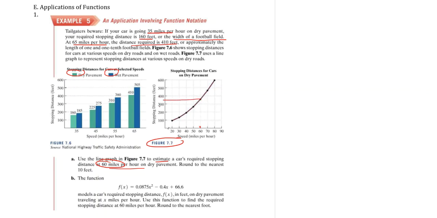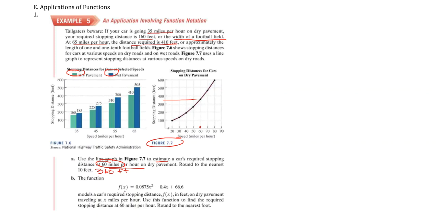Okay, so it's hitting right about here, and that's hitting between 300 and 400. Now it's a little bit above the middle, so the middle would be 350, a little bit above I would estimate 360. So this is again just an estimation, so we would say about 360 feet is a stopping distance at 60 miles per hour.